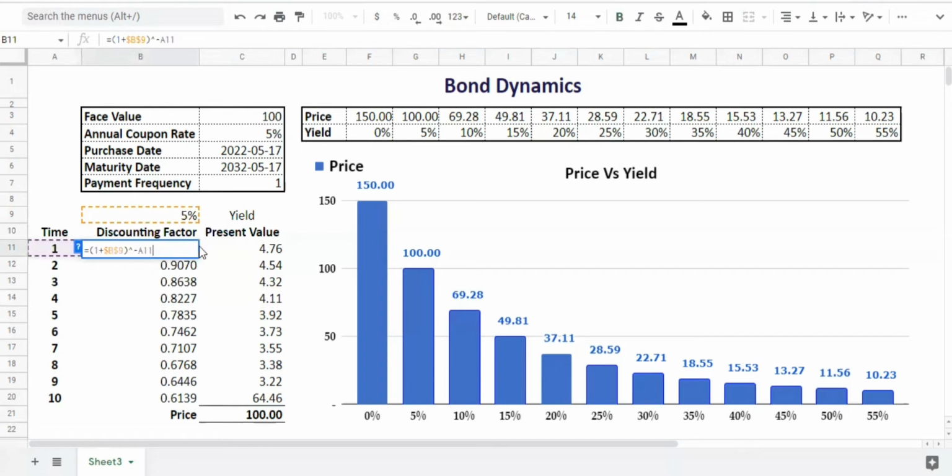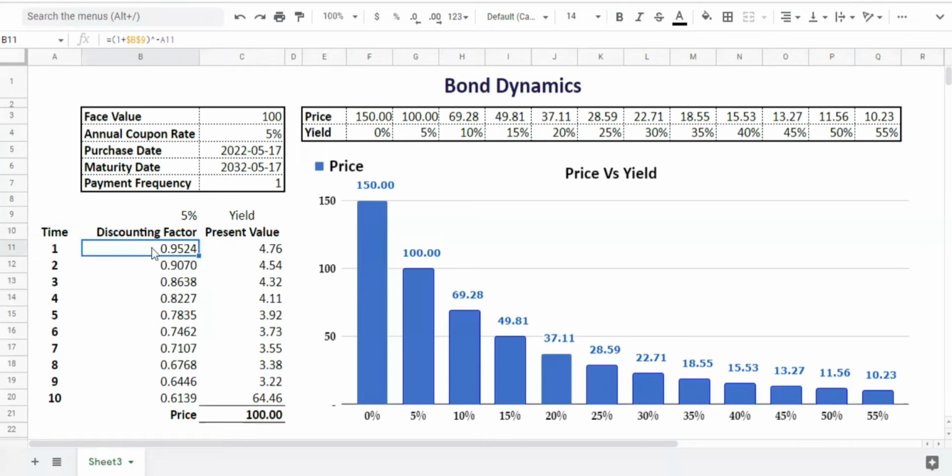In this formula, what we have done is we have discounted this first cash flow with the yield of 5% here, and the time period is 1. So this is the discounting factor. You can see this formula, right?